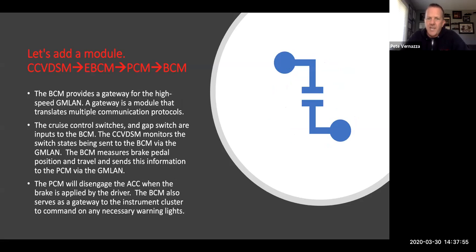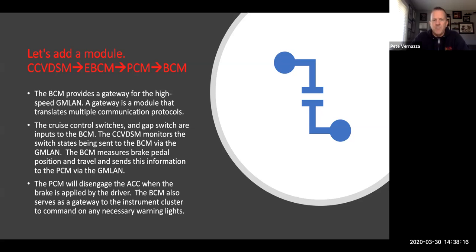All right, so let's add a module here. You'll notice at the top, now it's distance module to EBCM like it was before, to the PCM, and now to the body control module. And the body control module is a big player in this system. It provides a gateway to the GM LAN circuit, bus circuit.